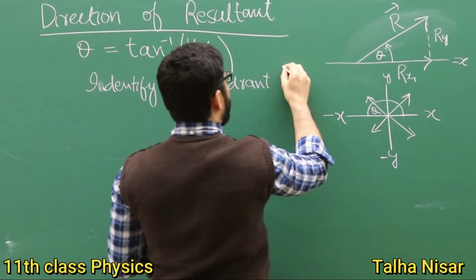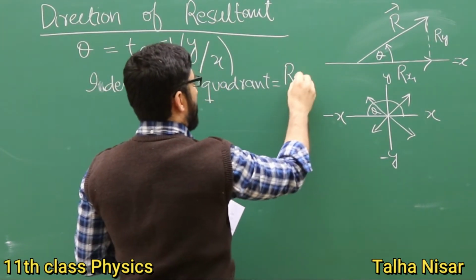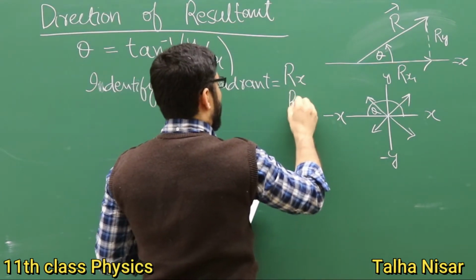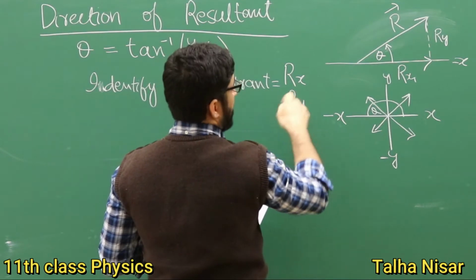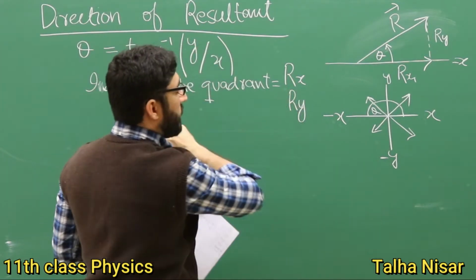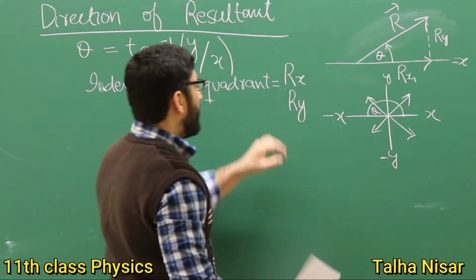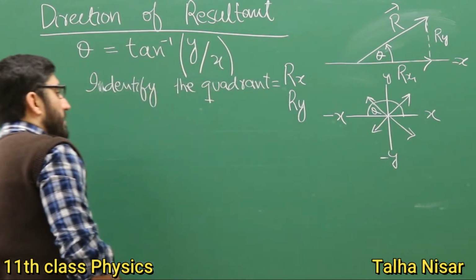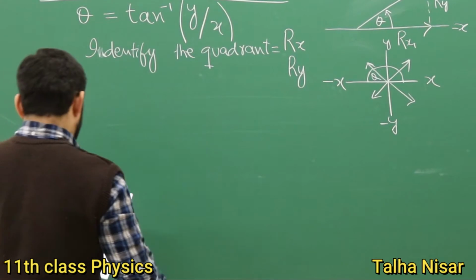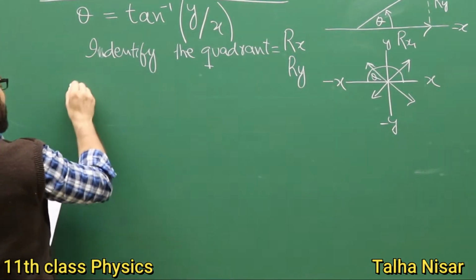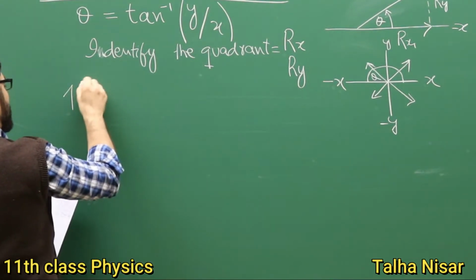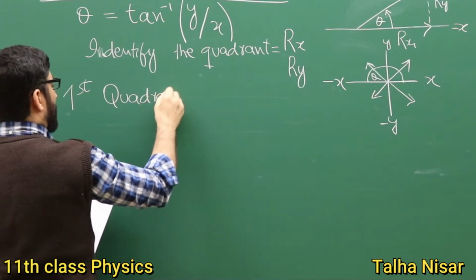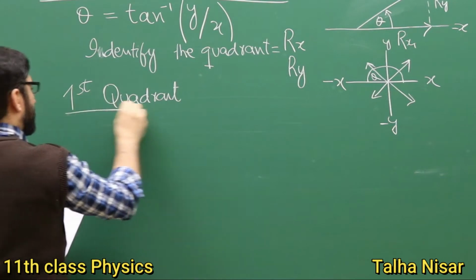So for that we need the sign of Rx and the sign of Ry. From these two we can get the idea in which quadrant this vector is lying. So we have the first quadrant.